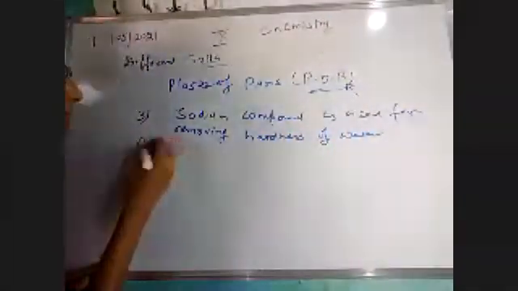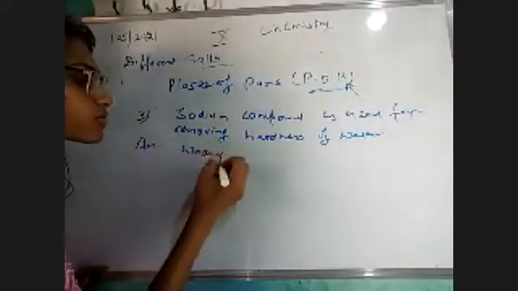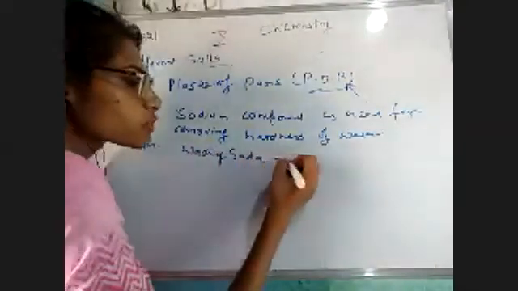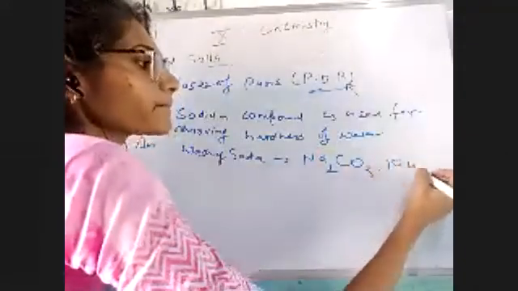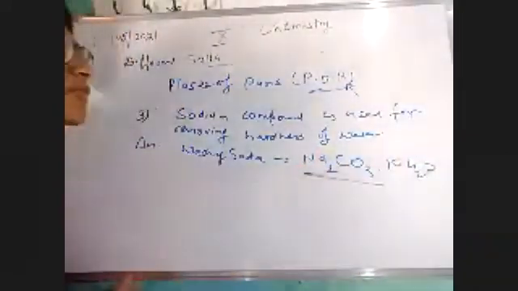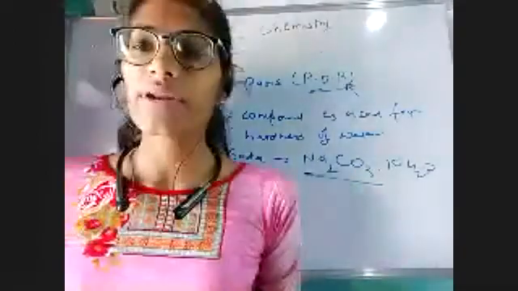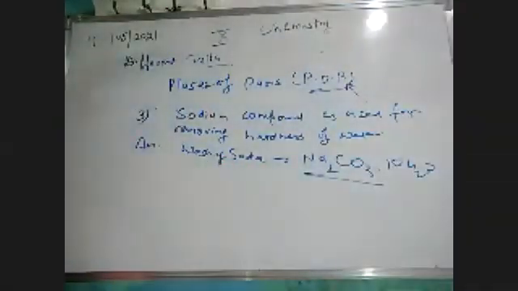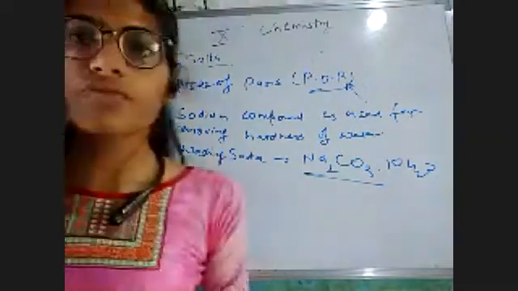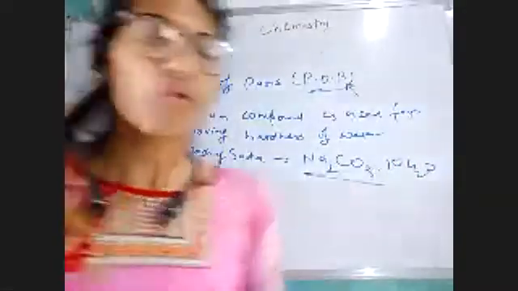This is our washing soda, because in washing soda there is sodium carbonate. So this is our sodium compound which has sodium carbonate, and this contains 10 moles of water. Okay, so this is known as our washing soda, which is used for removing the hardness of water.